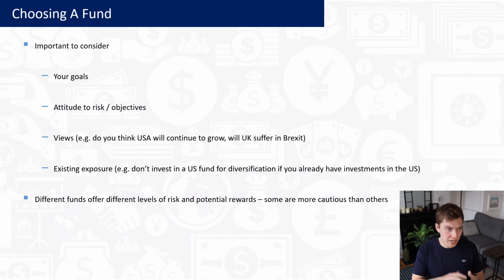For example, if you are already invested in a ton of US tech companies, then you don't want to invest in a fund that has a heavy amount of exposure to those same companies. The aim of a fund is to stay as diversified as possible. So make sure that you think about existing investments before deciding what fund you want to go with.